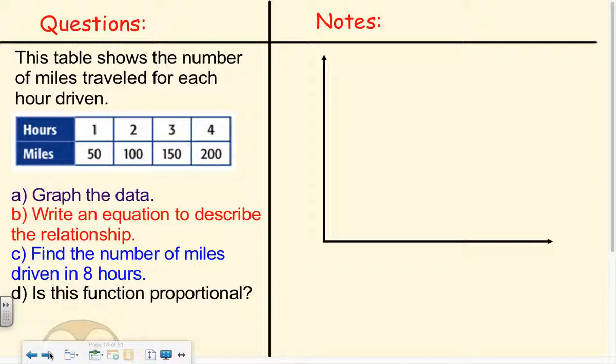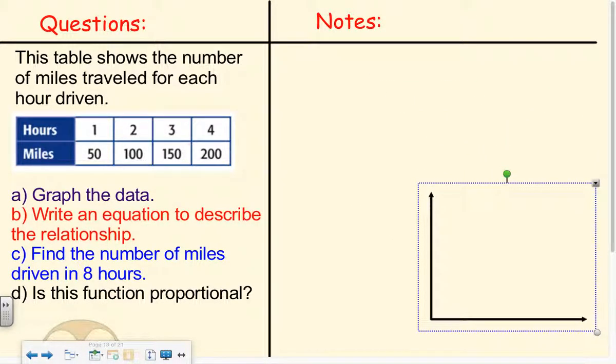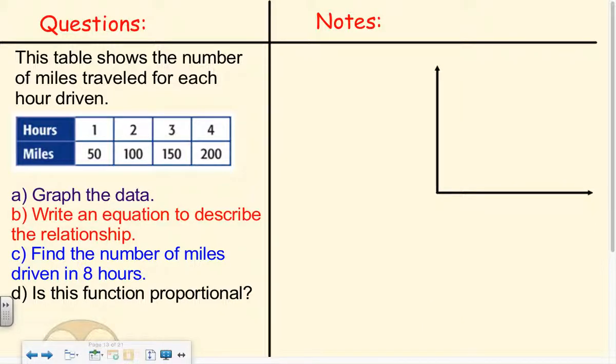First of all, I'm going to move this graph to the upper right-hand corner here. Our x-axis is always the top row, so hours is what we're going to label our x-axis. We have 1, 2, 3, and 4 hours.